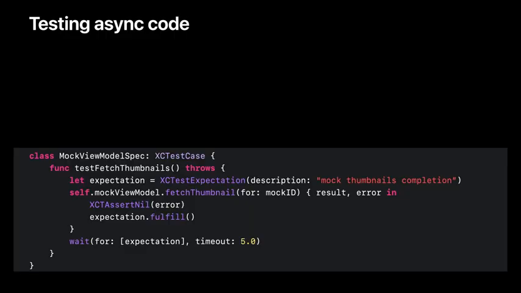Let's start with something critical to modern software development: testing. We wanted testing async code to be just as easy as testing synchronous code, so XCTest supports async out of the box.